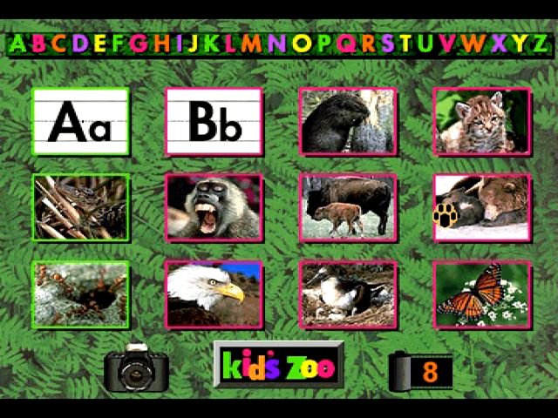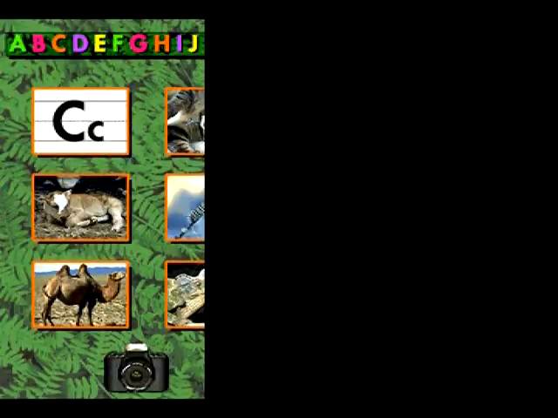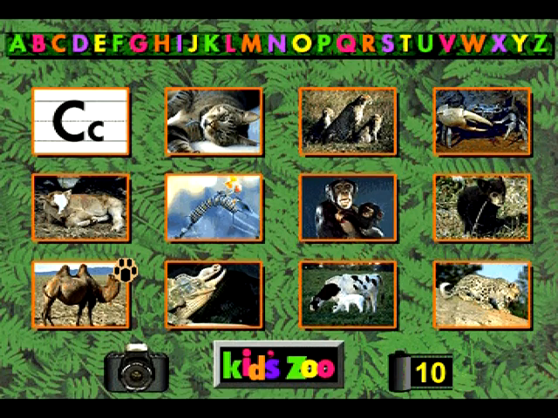You're right. Click on the brown insect that moves in groups called colonies. Ant. You're right. You're doing great. Click on the house pet that meows and loves to play with a ball of yarn.